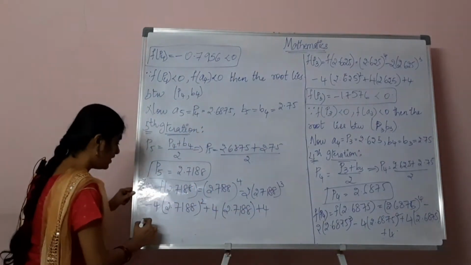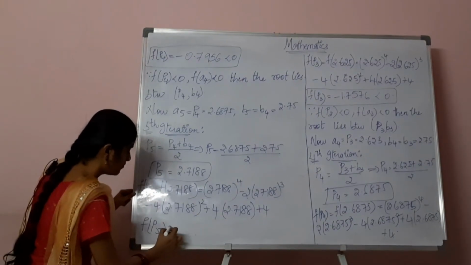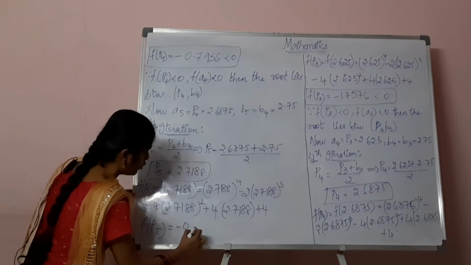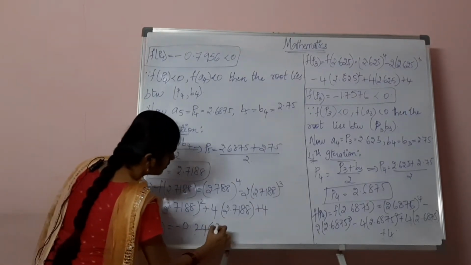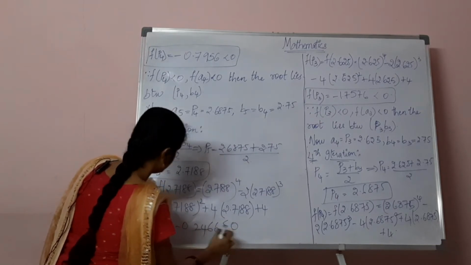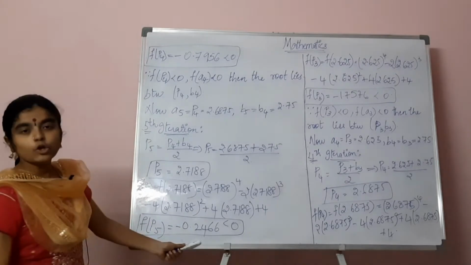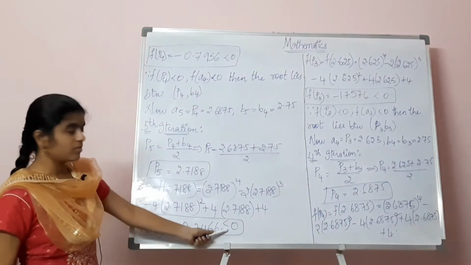After calculating this, what value are we getting for f of P5? Minus 0.2466, which is less than 0.